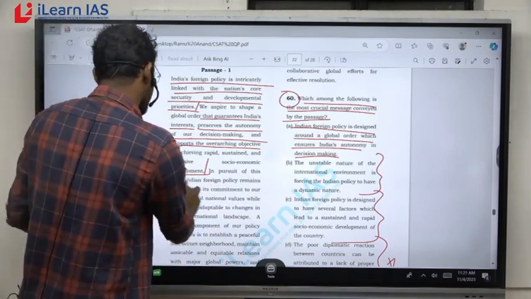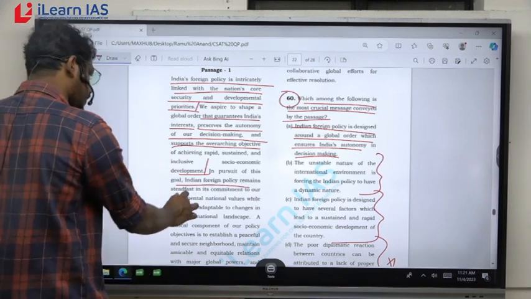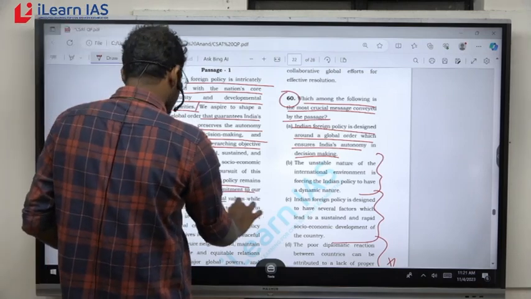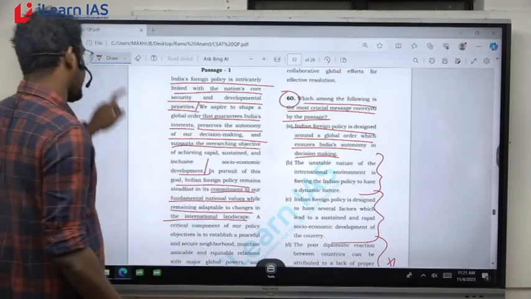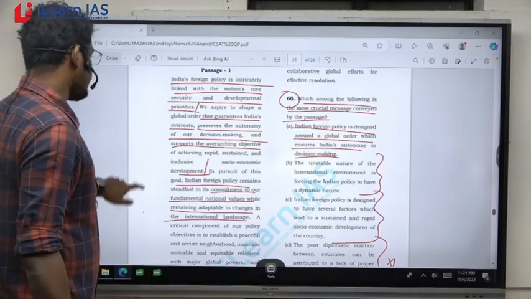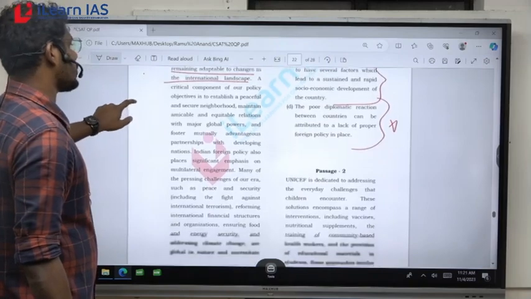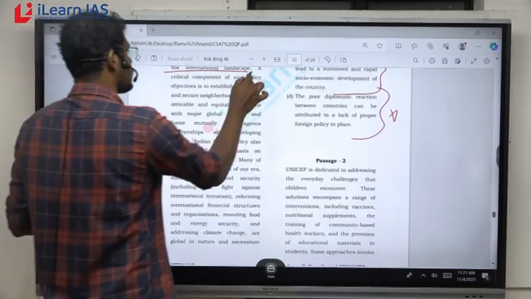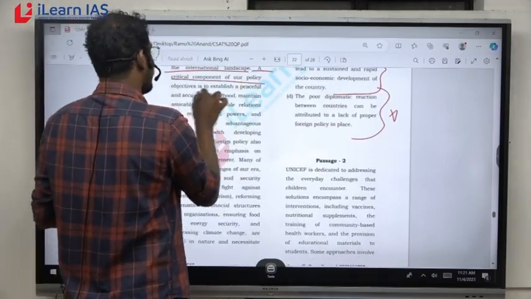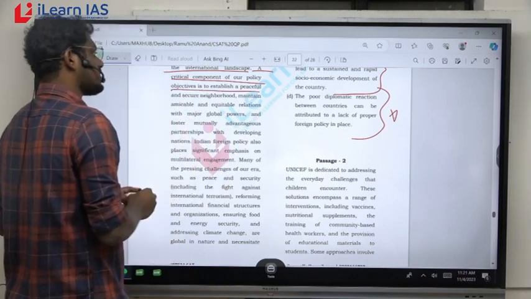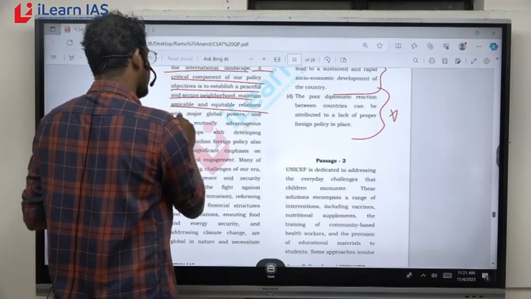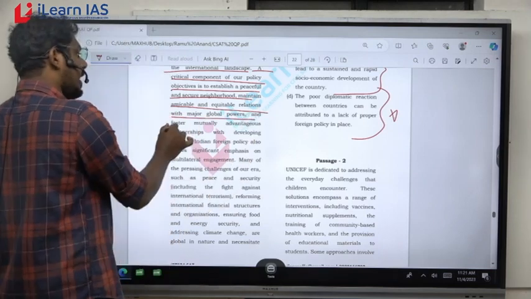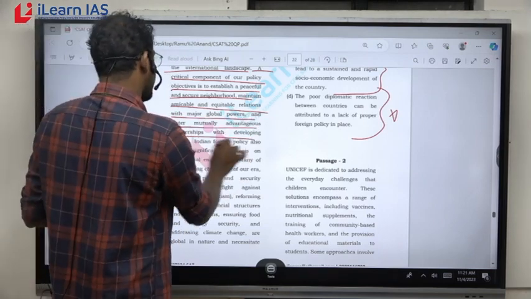In pursuit of this goal, Indian foreign policy remains steadfast in its commitment to our fundamental national values while remaining adaptable to changes in the international landscape. See, we are more flexible to change according to the changing circumstances. That is what it said. A critical component of our foreign policy objectives is to establish a peaceful and secure neighborhood, maintain amicable and equitable relations with the major global powers, and foster mutually advantageous partnerships with the developing nations.